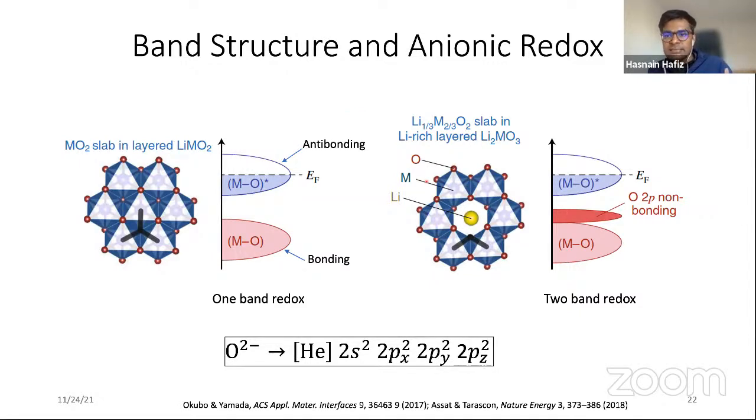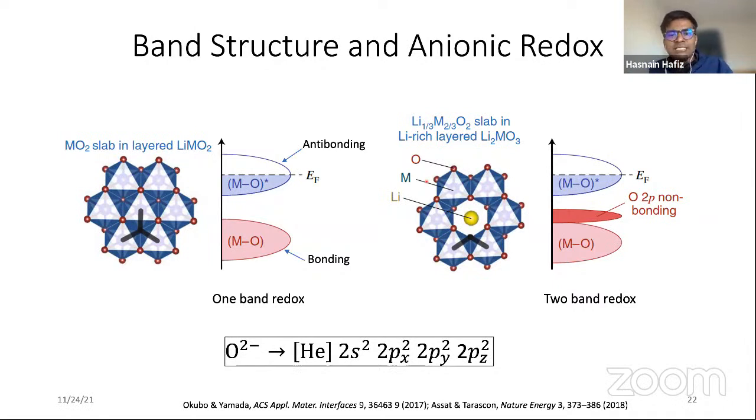As a result, it behaves like an oxygen non-bonding state, and it is located above the stabilized metal oxygen bonding band. This non-bonding oxygen orbital is also called unhybridized or orphaned oxygen 2p states, since it doesn't make any bonds with the metal, and it just stays like an atomic state near the Fermi level.